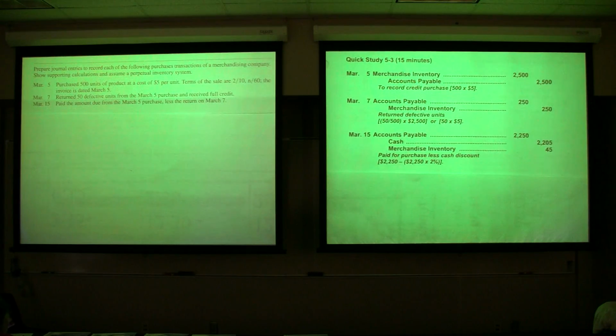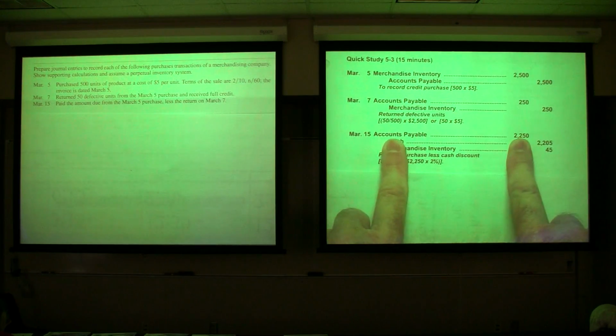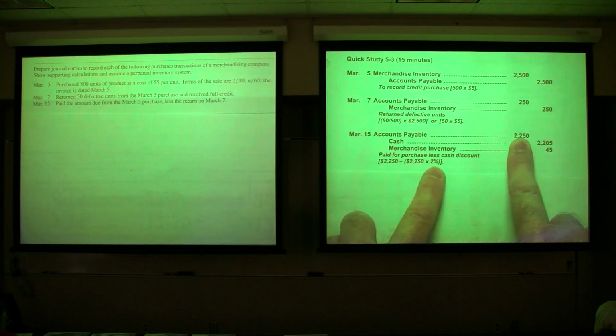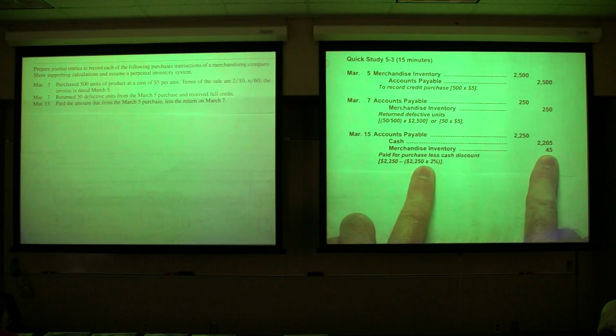So how do you get the 2205? Can you go over that for the cash? Well, this is the total amount you owe after the return, right? And you get a 2% discount. So 2% of 2250 is $45, so that's the amount of the discount. But where'd you get the 2250 from?